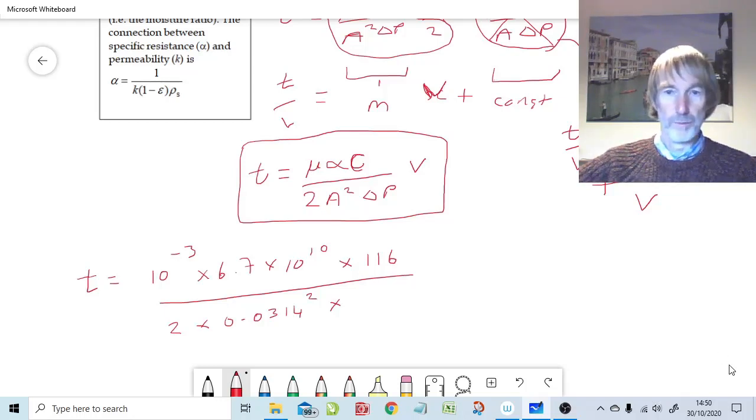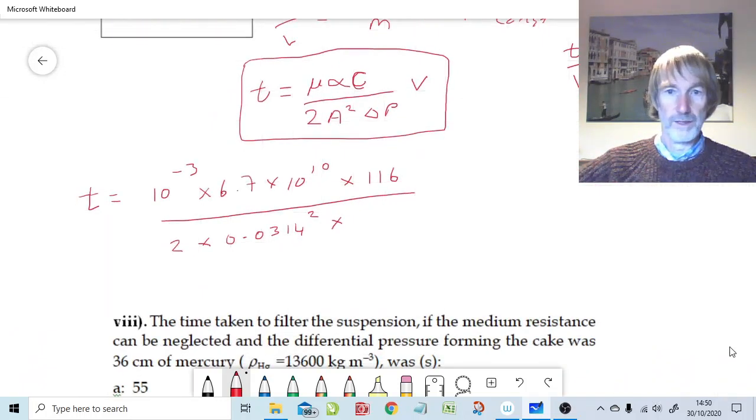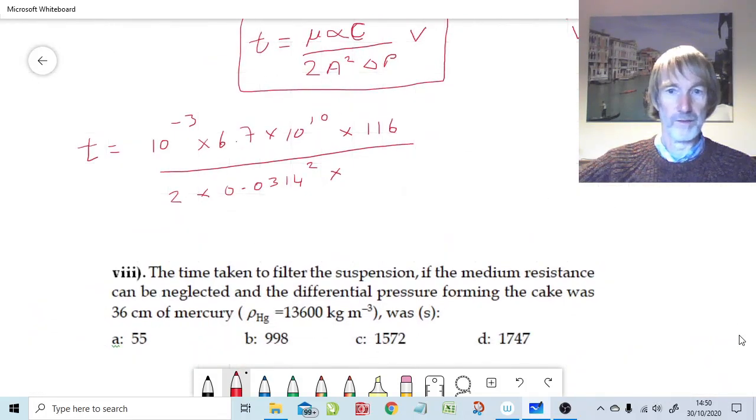the pressure drop, which we need to have a look at some data again, and this is part 8. We're not given the pressure drop in pascals, we're given it as a height of mercury, so this is a depth times density calculation again.